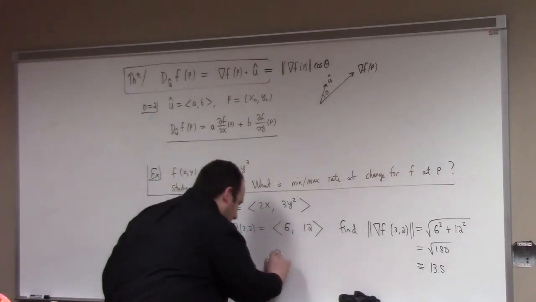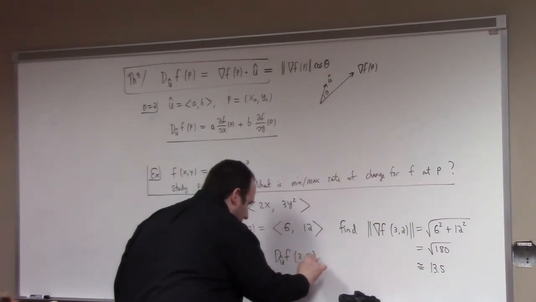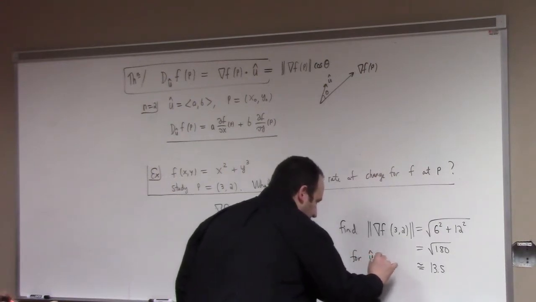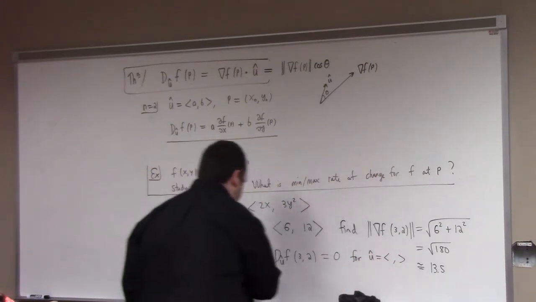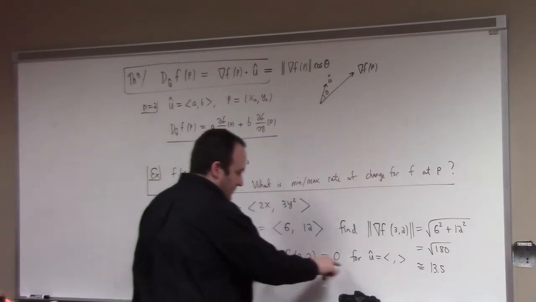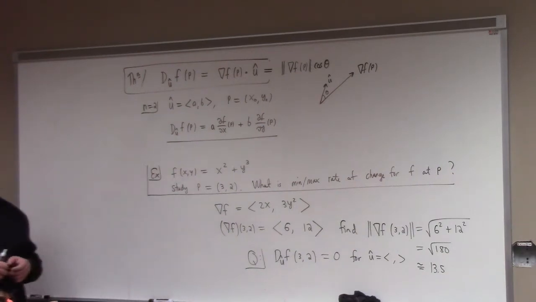What if you want the directional derivative of f at 3, 2 in direction u hat equal to 0? For u hat equal to what? You tell me. Question, fill in the blank: how do you make the dot product 0?